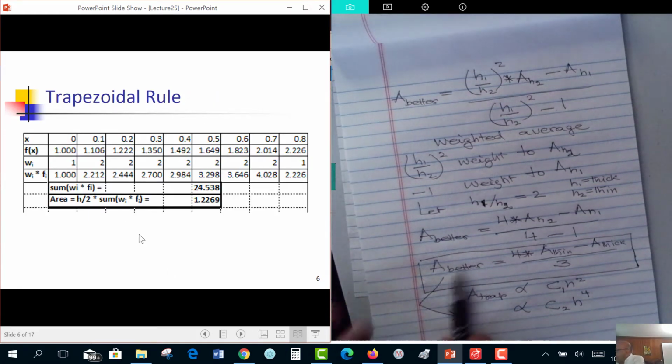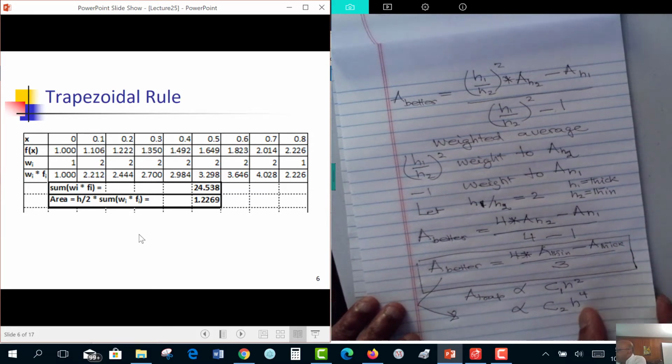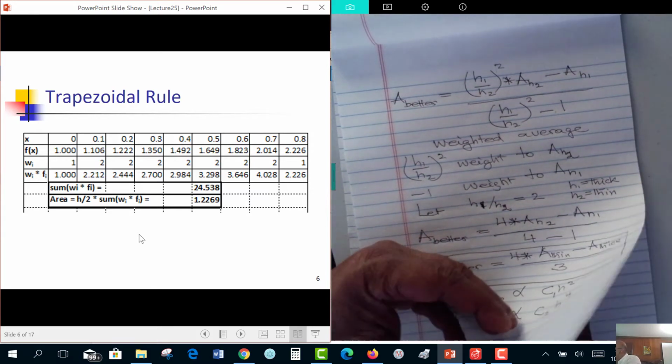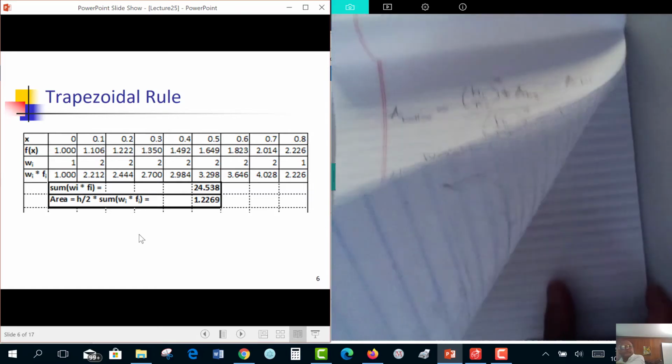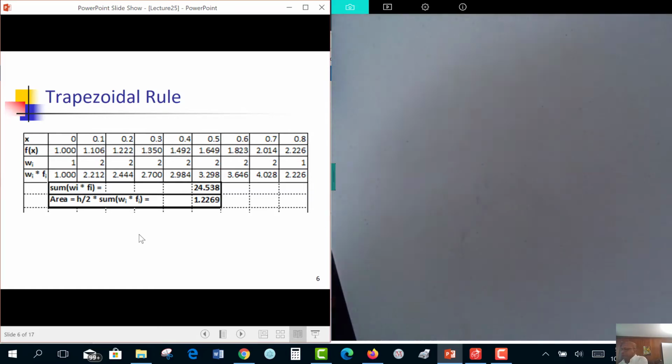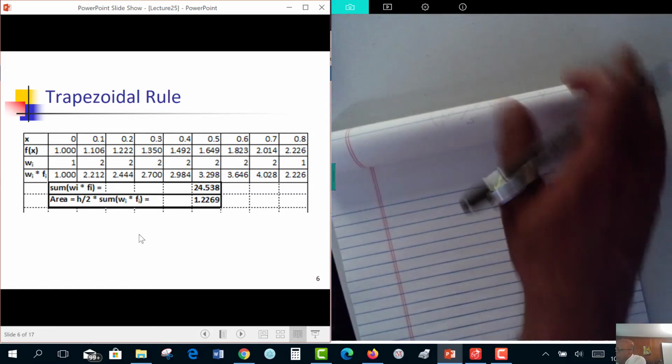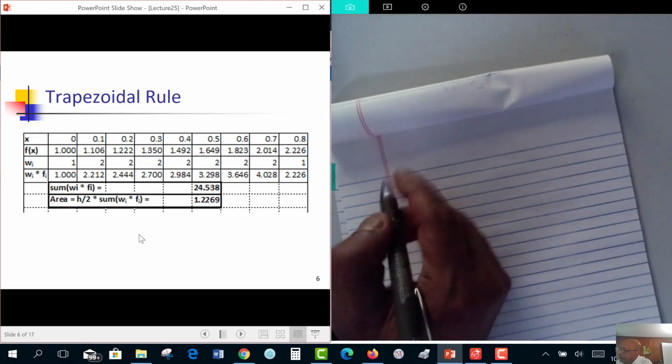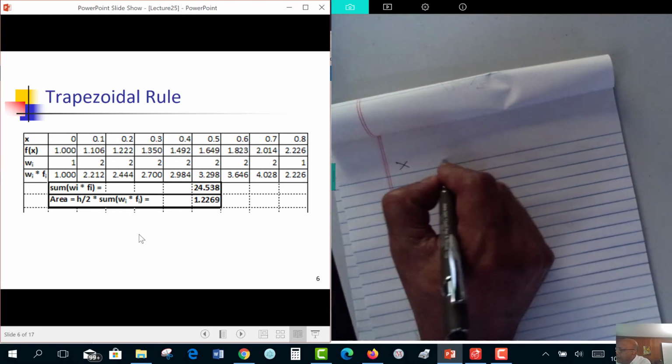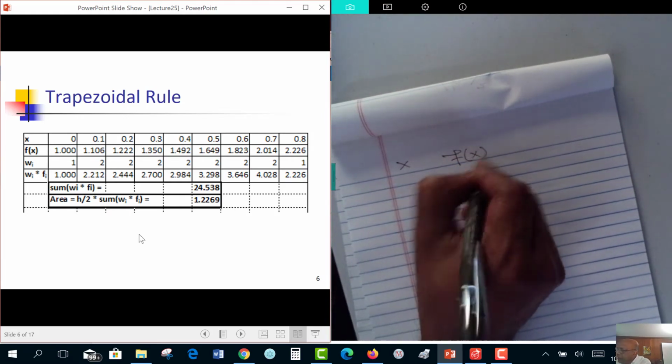So you may remember I did an example last week where I made a function table. I had x and a function of x.